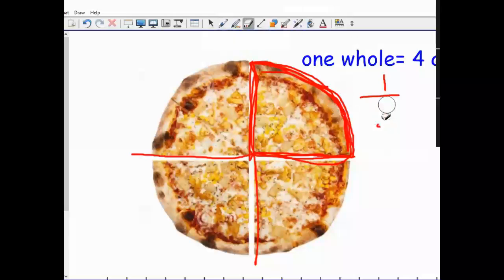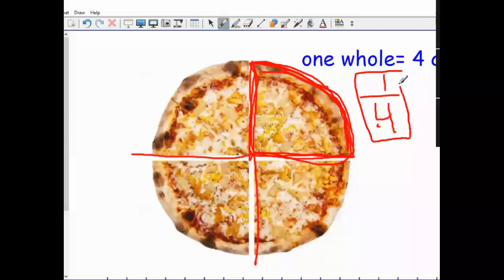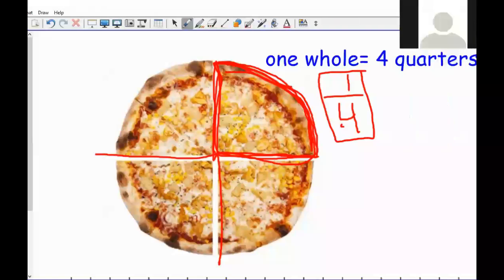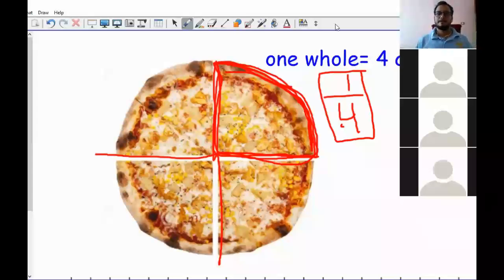1 quarter means 1 over 4, because it is 1 out of 4 equal parts. Okay.